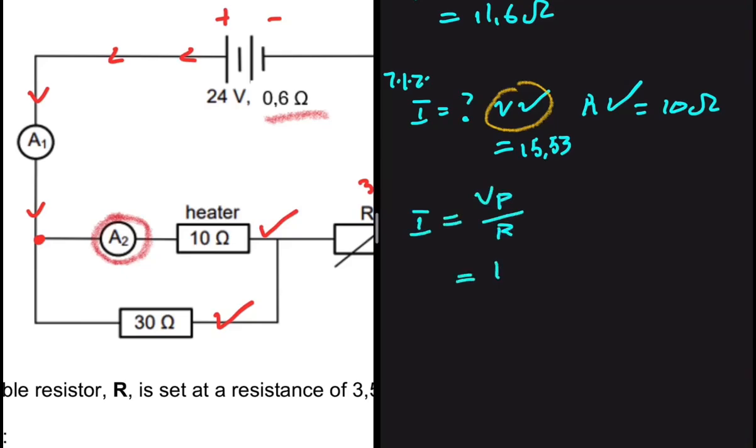So VP, that is 15.53, and then the resistance on that path is 10 ohms. So it's easy to see now that the current on that path should be 1.55 amperes. And now we have answered 7.1.2.